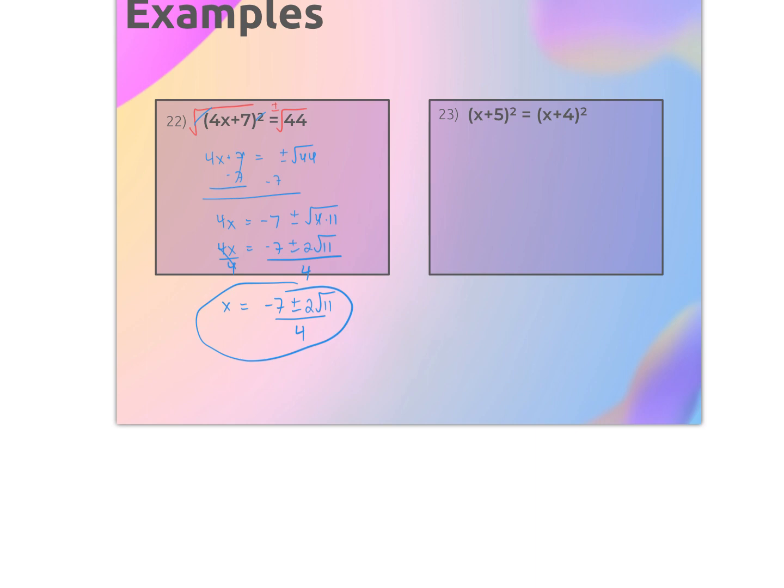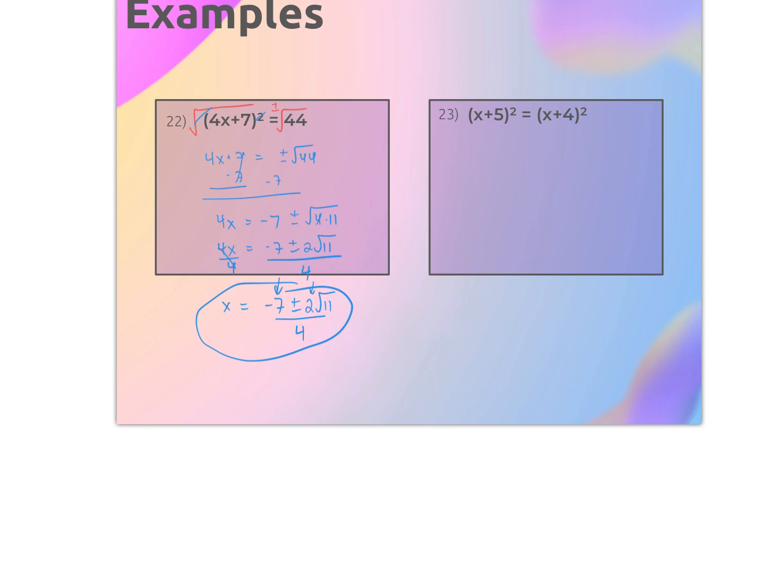Now, notice that the 2 and the 4 share a factor. I could simplify this to a half, but we only want you to do it if all the numbers are divisible by the same thing.